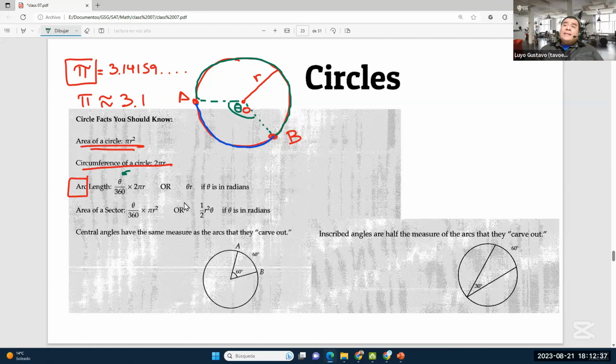That's the angle in this formula. That central angle, which is the measure of the arc in degrees, you divide by 360 and multiply by the circumference. So this is like giving you a proportion of what part of the whole circumference represents the length of the arc.